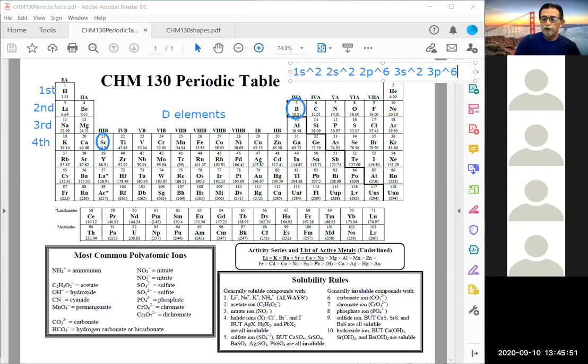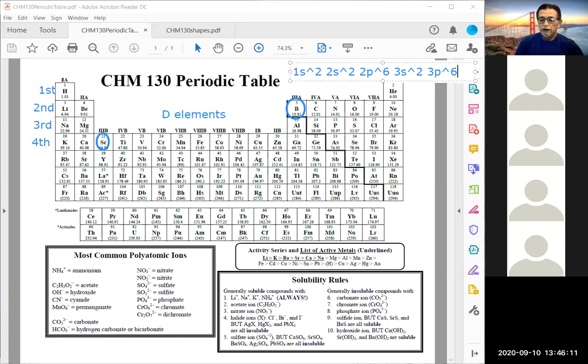So I'm using the periodic table, find its position on the periodic table, find the period, remember which ones are the S, which ones are the D elements, which ones are the P's, and you can very quickly write the electron configuration for whatever element you're working with.